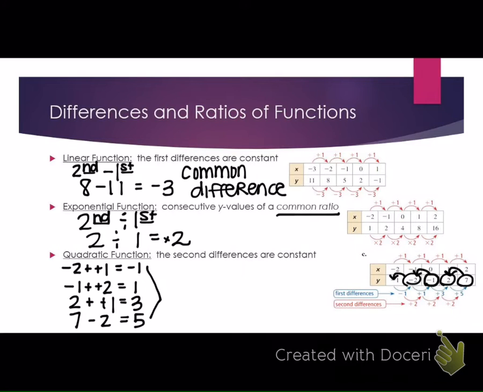Some of you aren't going to need to do all that work. You'll be able to look at the chart and tell exactly what they did, and that's fine, but you have to record the first differences. Those first differences become the new numbers you use to find a common difference.